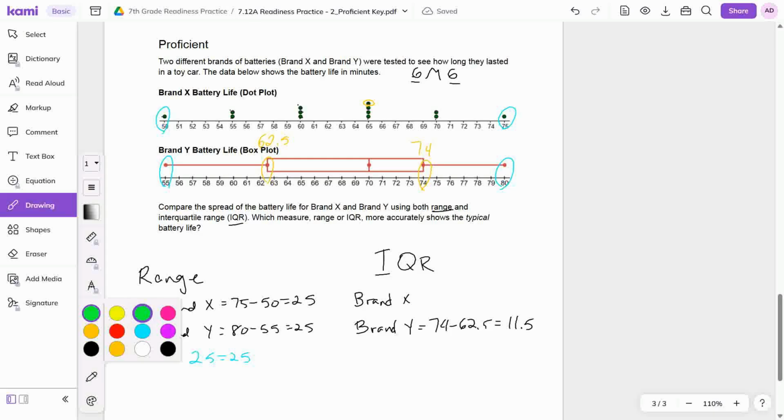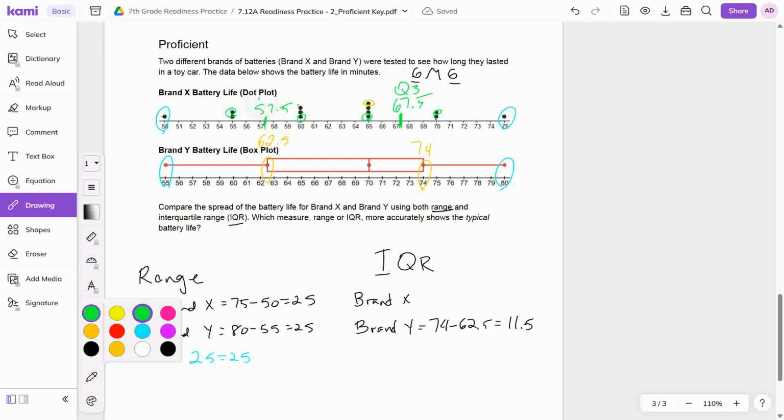So let's find the upper half. 1, 2, 3, 4, 5, 6. So 1, 2, 3. It's going to be right here between 65 and 70. So it's going to be right here at 67.5. This is my quartile 3 because it's the median of the upper half. Now, the lower half, 1, 2, 3, 4, 5, 6, it's right here between 55 and 60, so that's going to be 57.5.